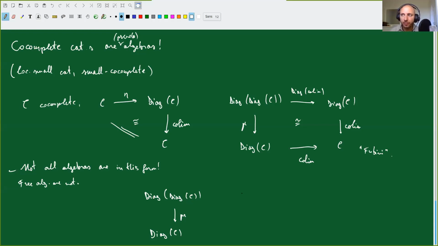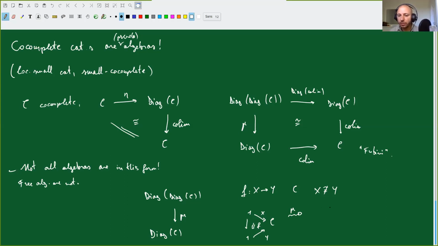So for example, if you take f from x to y in C with x different from y, even up to isomorphism, then you can form the following diagram of diagrams. The first diagram is the one that picks out x. The second diagram picks out y. And there's a morphism of diagrams here that gives f.